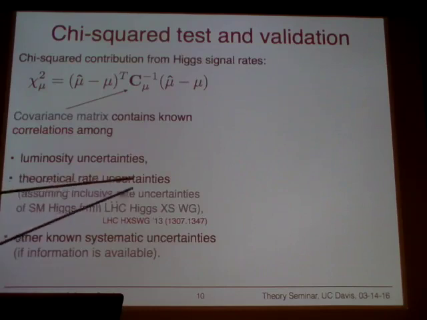We have theoretical rate uncertainties, which are treated as fully correlated. So if you predict gluon fusion to be larger than it actually is, then you predict it everywhere larger than it is. And also other systematic uncertainties from the experiment, if these are given in a transparent way by the experiment, which is often not the case, unfortunately.